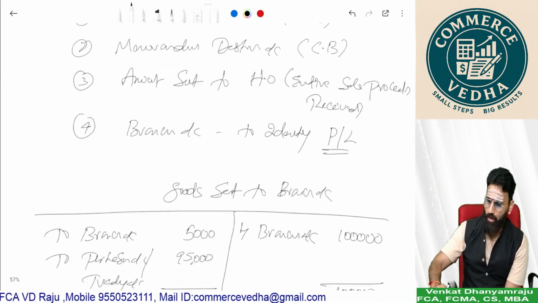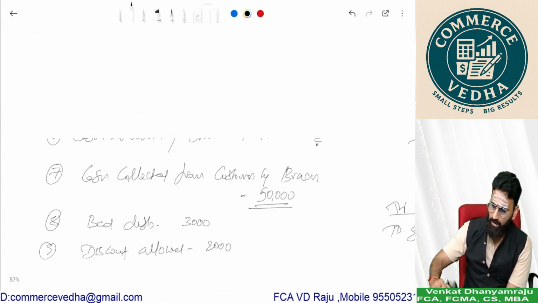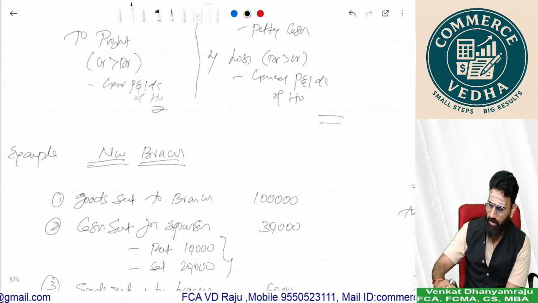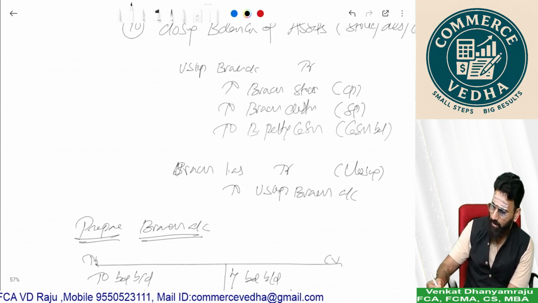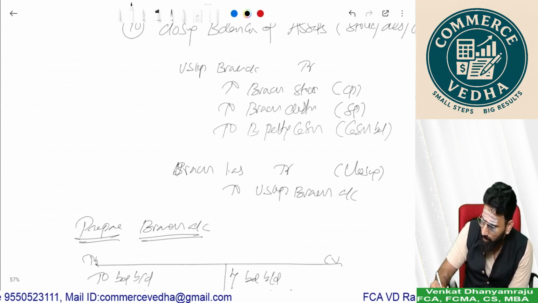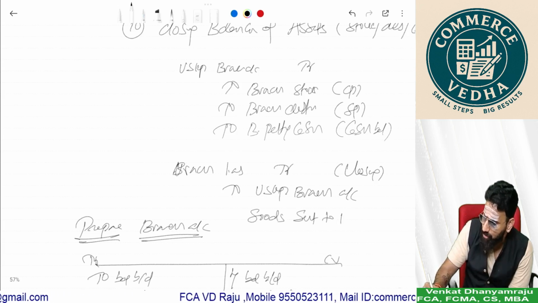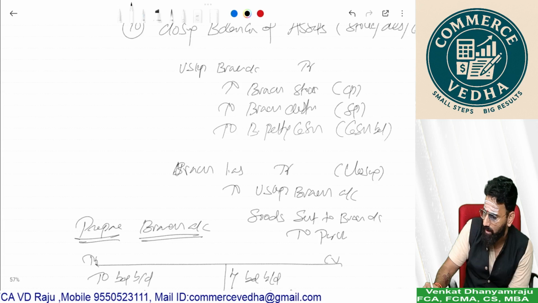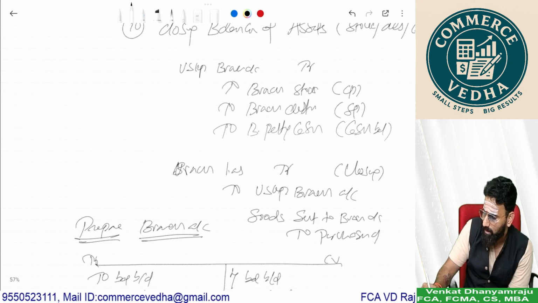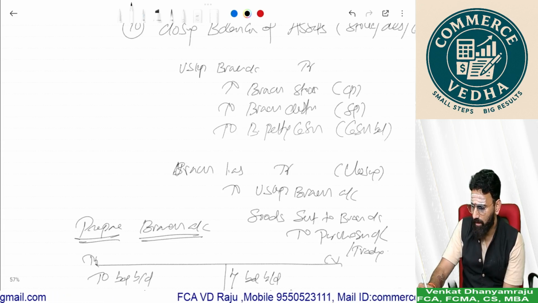Now, when we learned all the entries, the last entry which we need to pass is here: goods sent to branch to purchases account or trading account.